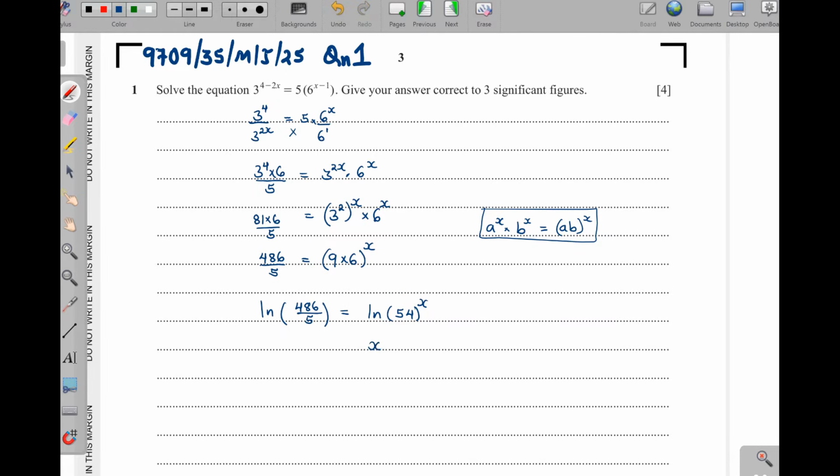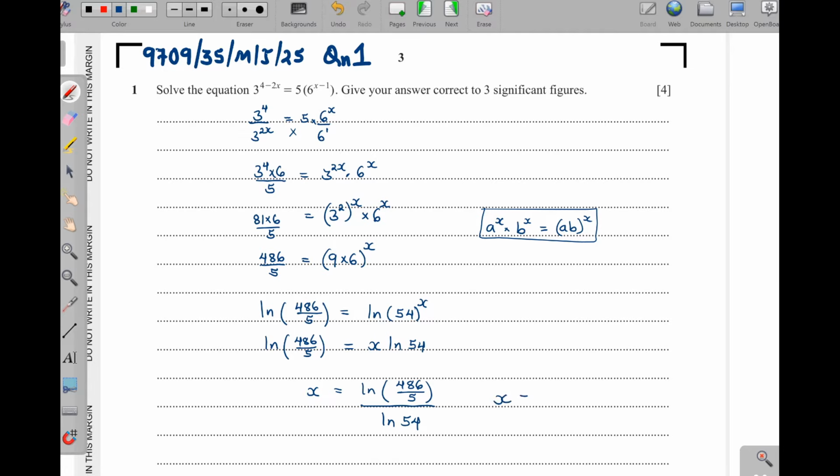So we shall have x, the natural log of 54, then is equal to the natural log of 486 out of 5. So meaning x is going to be equal to the natural log of 486 out of 5. Then we divide by the natural log of 54.